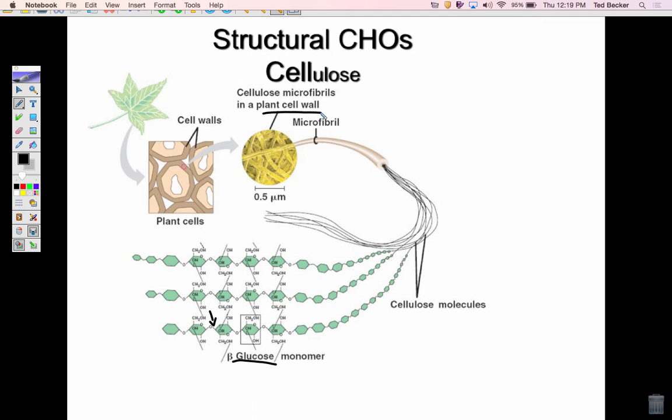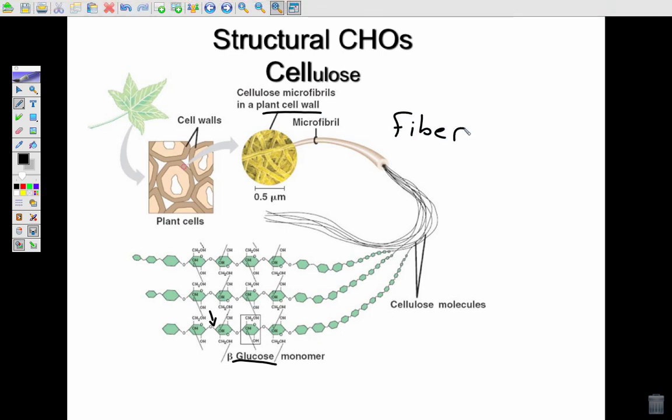Cellulose makes up plant cell walls. We're not able to digest cellulose, so that's the fiber we look for in our diets. Since we can't digest it, the cellulose fiber just goes through our digestive system and helps to clean us out. Okay, so cellulose is a structural carbohydrate.